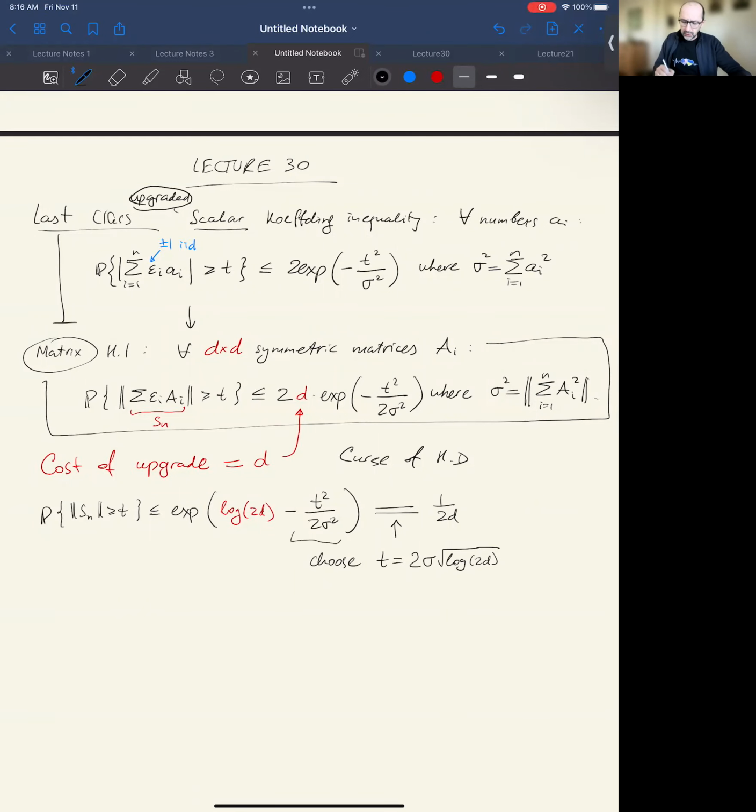So this will become 2 log of 2d, and I think that's good. And in high dimension, this is small, if you think of d as being a large high dimensional thing. So that's very good news. That shows that S_n, the sum, is less than 2 sigma root of log 2d, with high probability.